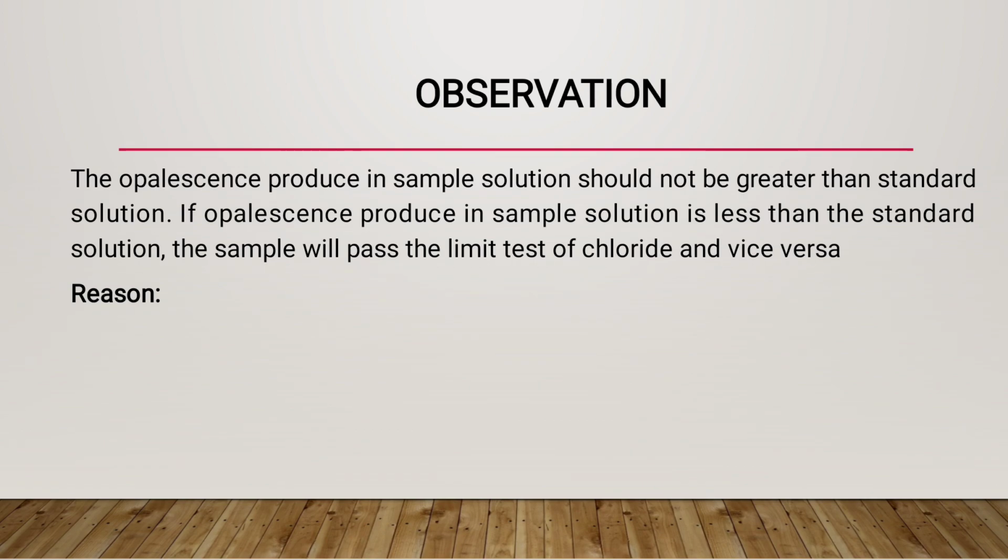This means the standard solution has the permissible impurity. If your test sample has more opalescence, then it fails. If it is less than the standard solution, then it passes.